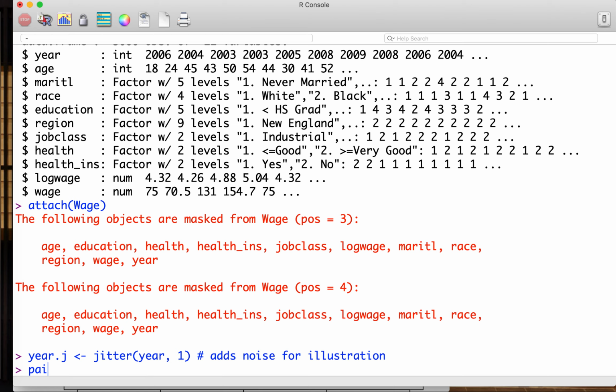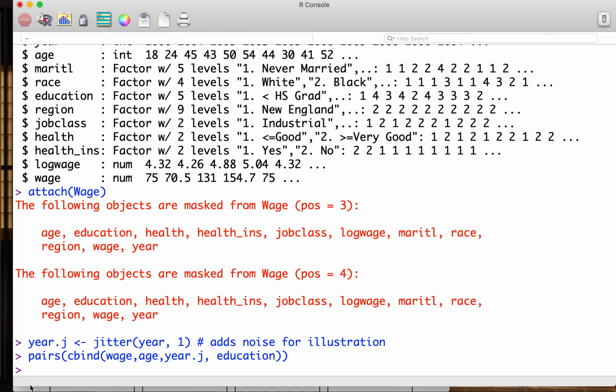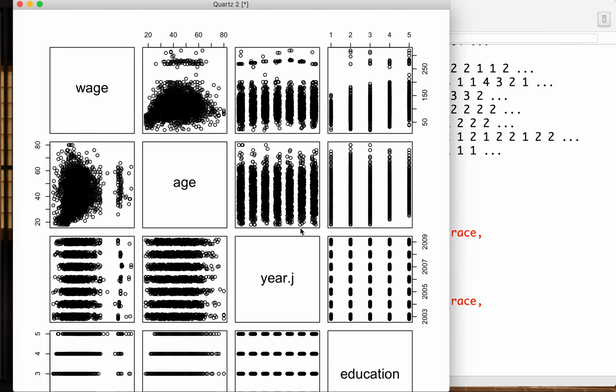So now we generate a pairwise scatter plot of wage, age, year with some noise, and education. Then we can get this figure.